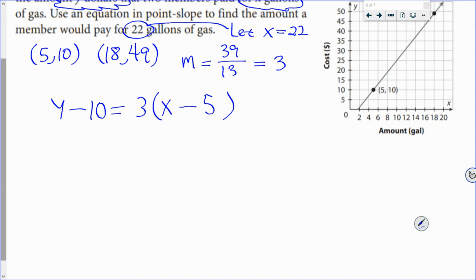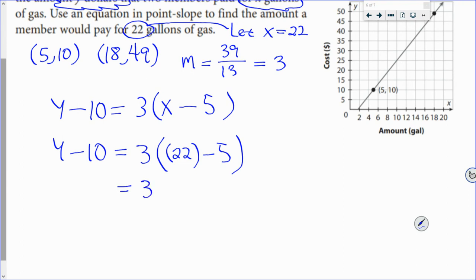Now, if I want to find out how much 22 gallons cost, then all I have to do is put 22 in for x, and then solve. So it becomes 22 minus 5. What's 22 minus 5? 17.